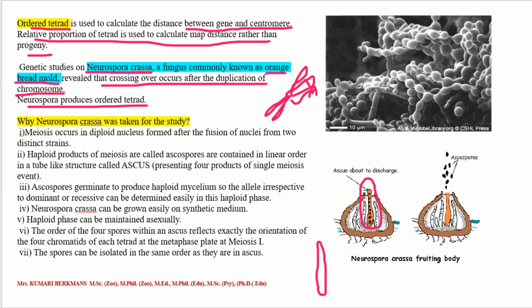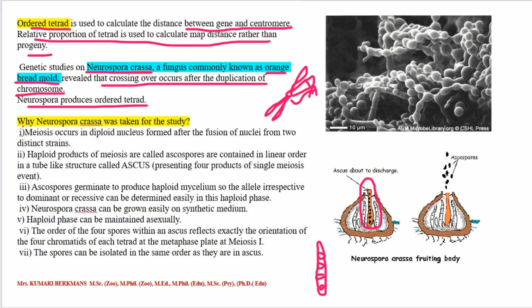Tetrad in the sense only 4. The first meiotic division results in this, and in the second division, a mitotic division takes place and produces 4 more. So you can see here 8 actually. These are called ascospores, and this part of the fungus is called the ascus.